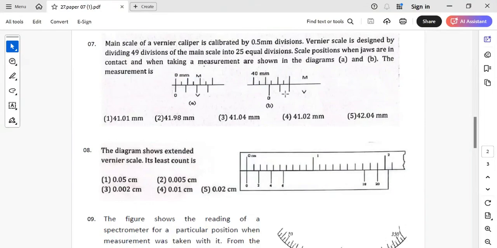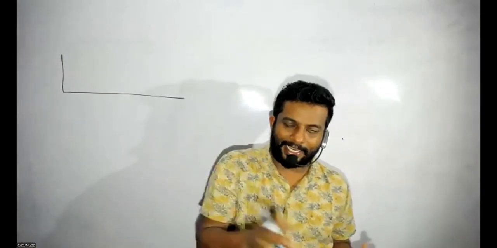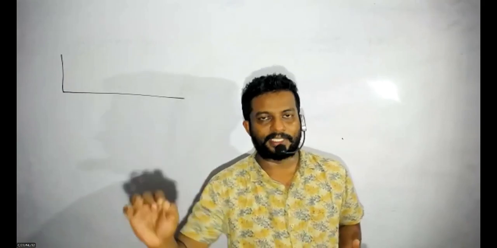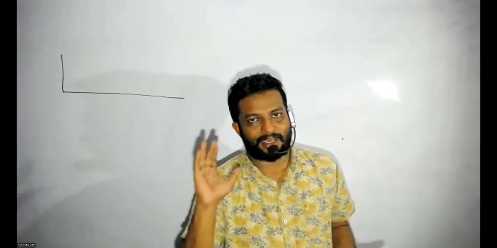Although they are marked 2 4 6, there are only 10 vernier divisions coinciding with 19 1 millimeter divisions in the main scale. Now you can identify the least count. Even if the vernier scale is calibrated in numbers or other symbols, no need to think about the numbers, right?